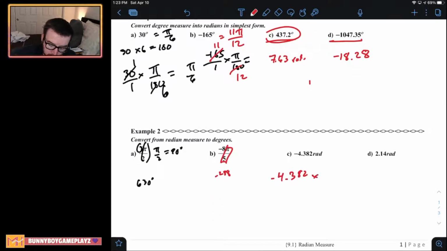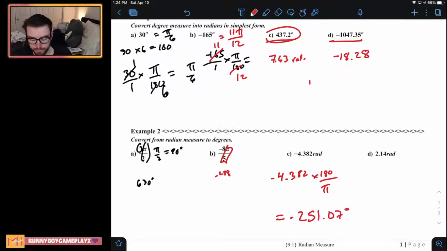I multiply by 180 over pi, and out spits my degree measure. I'm going to punch that into my calculator off screen here. Negative 4.382 times 180 divided by pi, and I get negative 251.07 degrees.